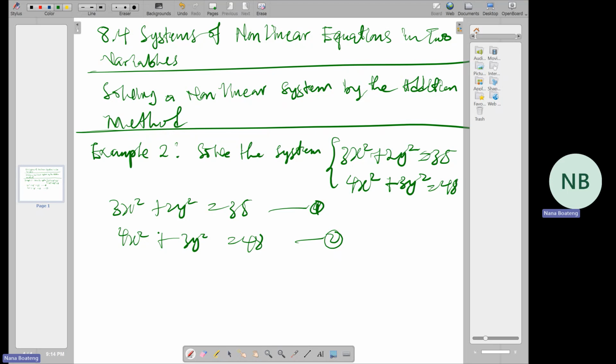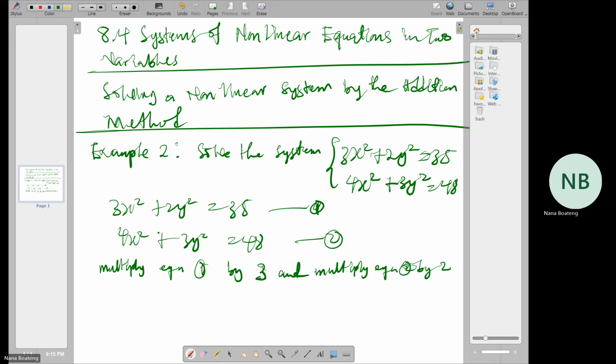So for example, if we multiply equation 1 by 3 and multiply equation 2 by 2, that will give us, from equation 1, 9x squared plus 6y squared is equal to 105.